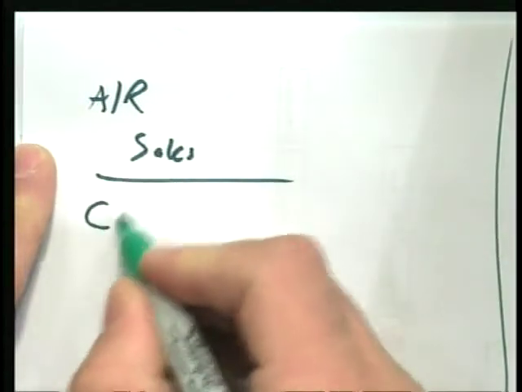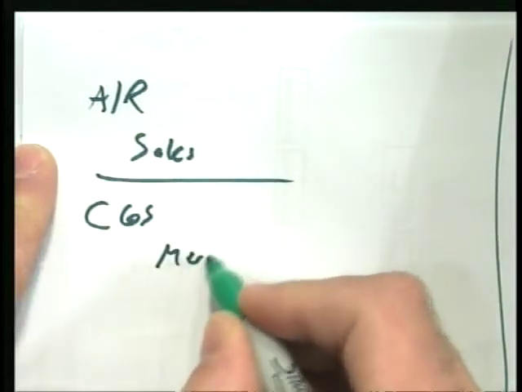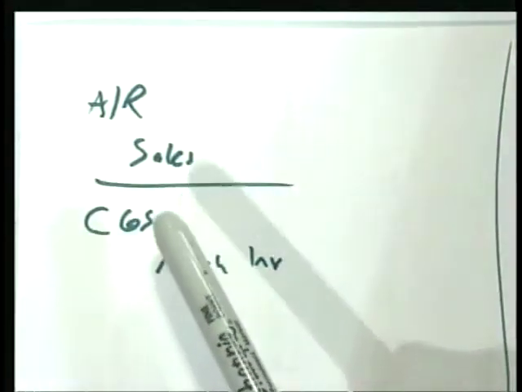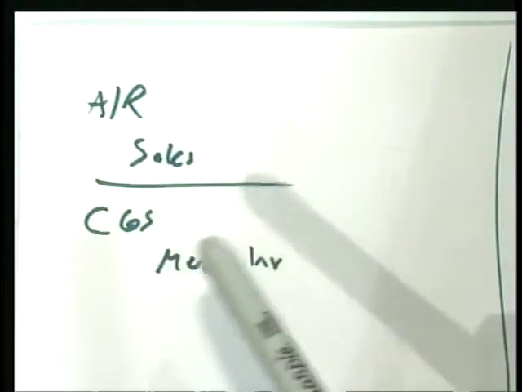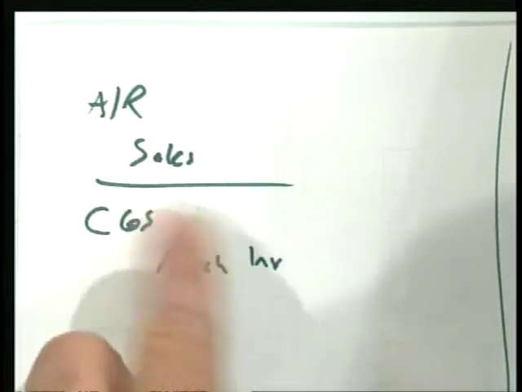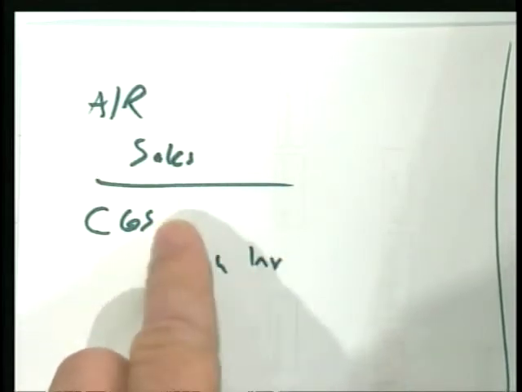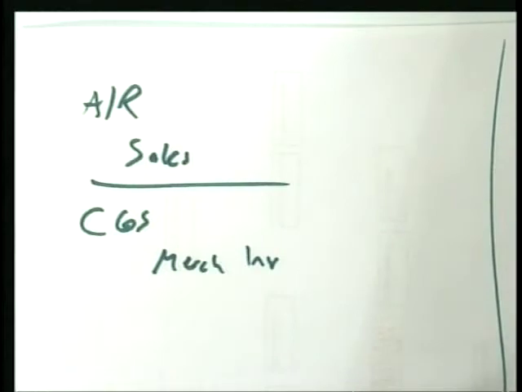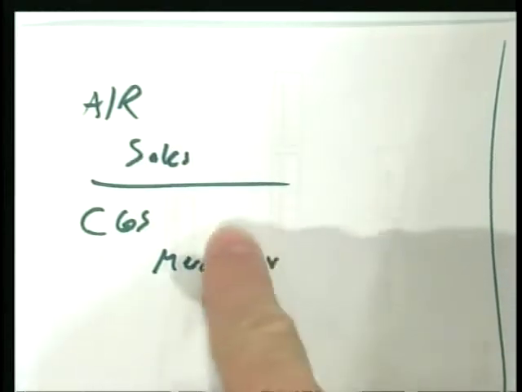And then we debit cost of goods sold and we credit merchandise inventory, correct? And we've always just told you what the cost of goods sold is, right? And that's what you're going to reduce your inventory by when you make a sale. This chapter, however, we're going to really dig into how do you get the numbers that go into this second journal entry.